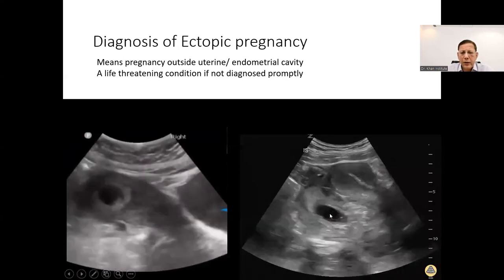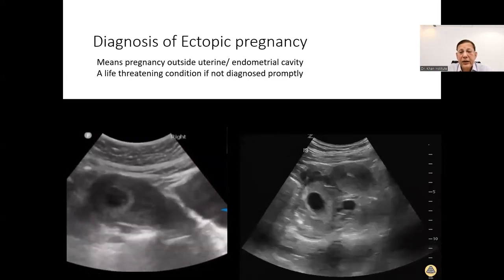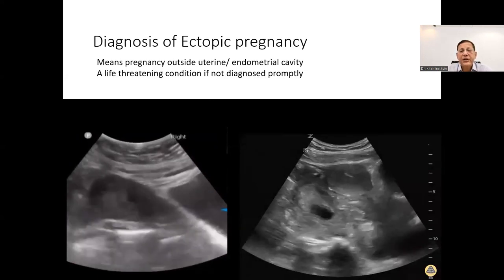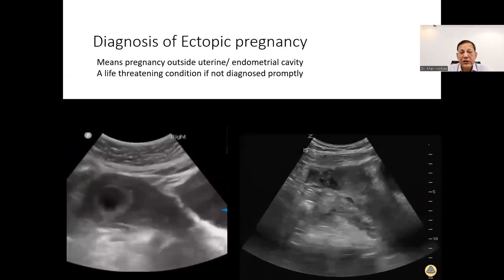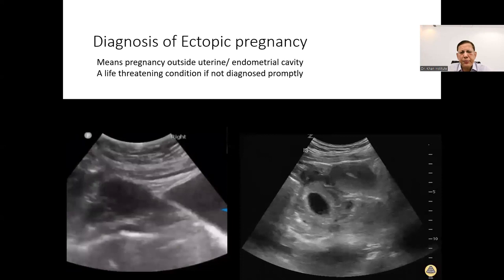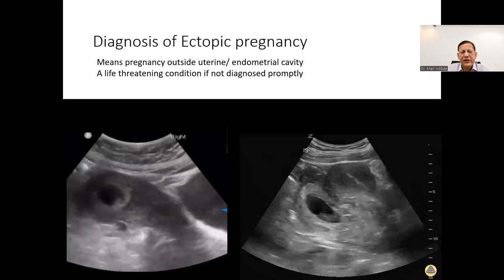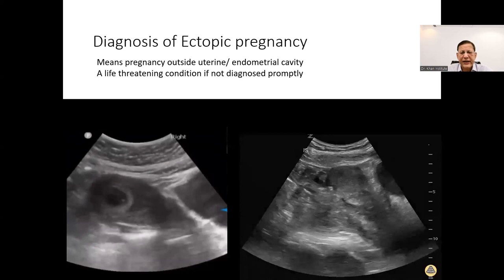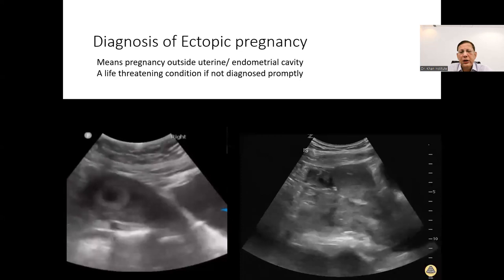If not diagnosed early, say at 7 to 8 weeks, because as I told you, in 99% of cases the ectopic pregnancy occurs within the fallopian tubes. So when the fetus starts growing from 4 weeks to 5, 6, 7, 8 weeks, the sac is growing, the fetus is growing, so that tubular structure cannot hold it for a longer time.